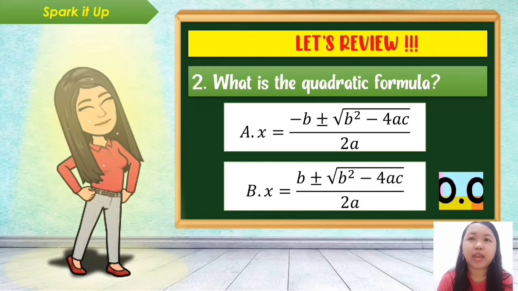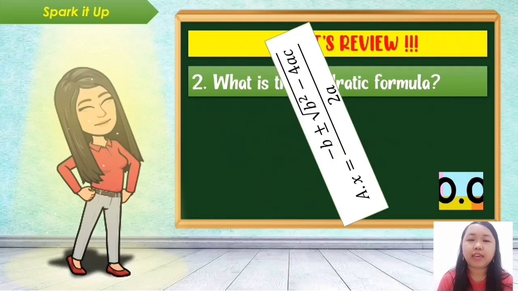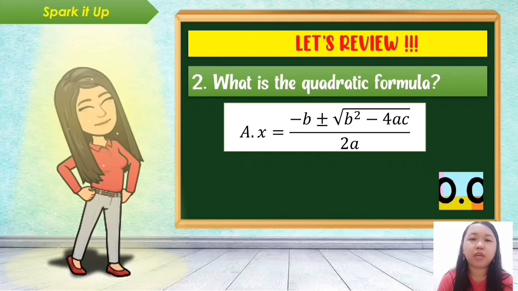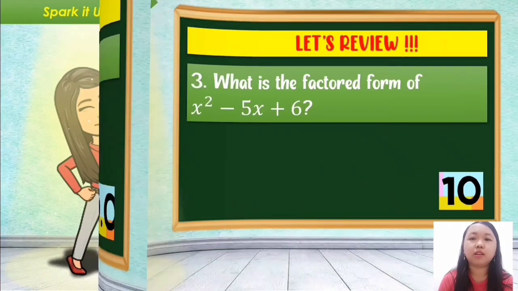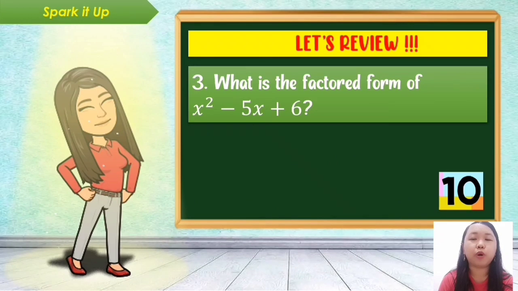The answer is A, x is equal to negative b plus or minus the square root of b squared minus 4ac all over 2a. Next, what is the factored form of x squared minus 5x plus 6?